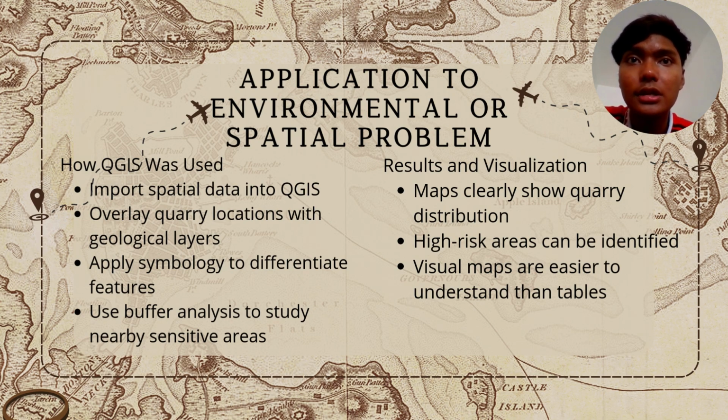So the result and visualization will show maps clearly about quarry distribution. The result also shows that high risk areas can be identified, and visual maps are easier to understand than tables.